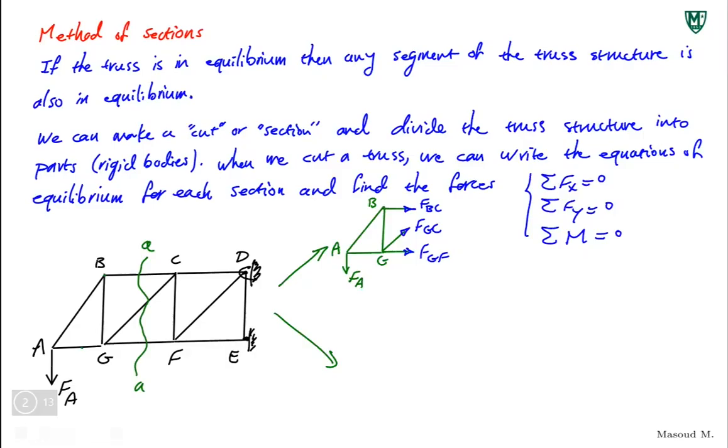You can find FBC, FGC, and FGF. FBC would be the internal force for member BC. So by cutting, I got that part and looked at it as a rigid body in two-dimensional space.